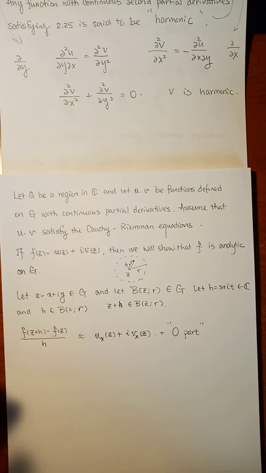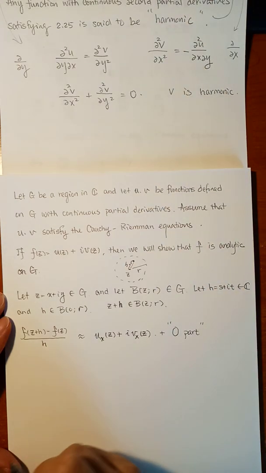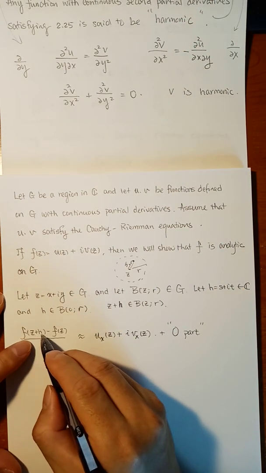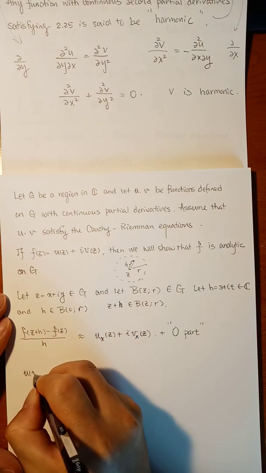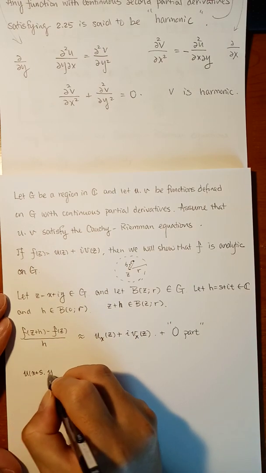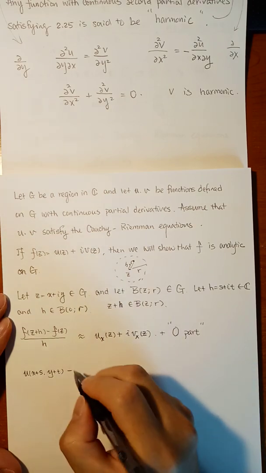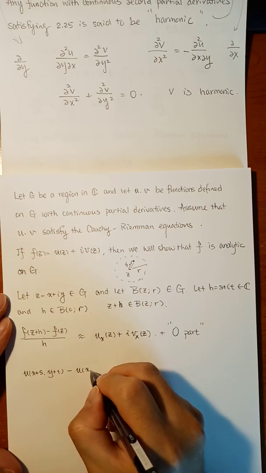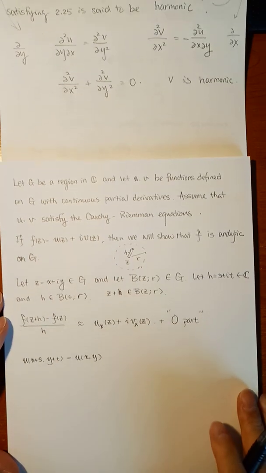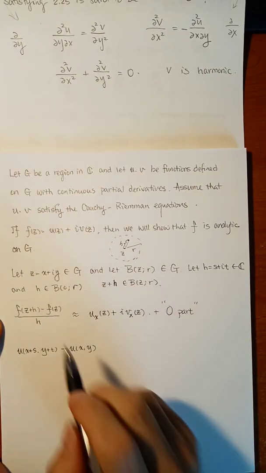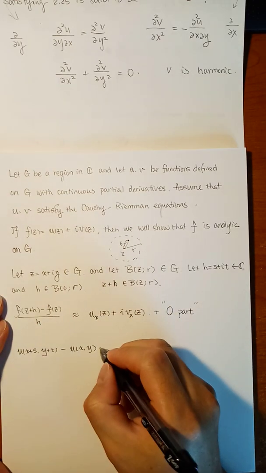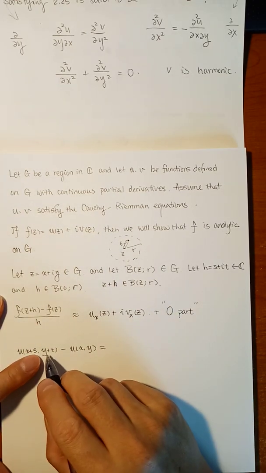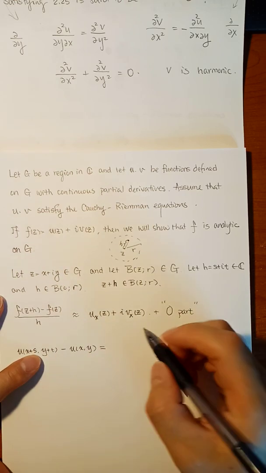So now let's see the real part first. What is the real part? f(z plus h) minus f(z). The real part will be u of x plus s, y plus t, minus u of x, y. This is the real part of the numerator; I leave the denominator for later. Then both variables change, and that's not easy to control.